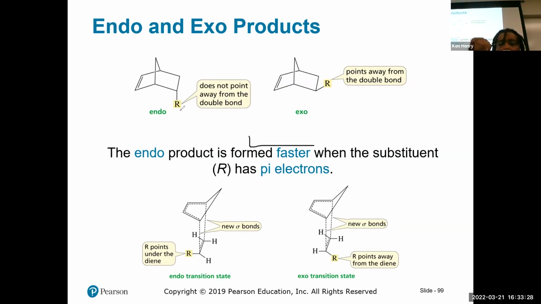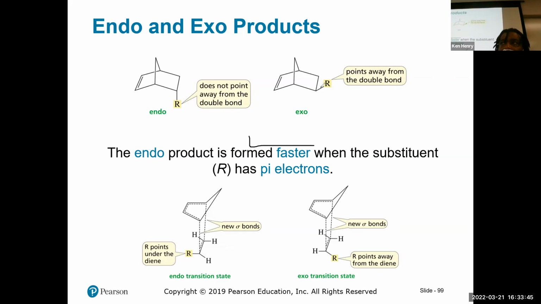If it's pointing towards the double bond or parallel to the double bond, then it's endo. So in this case, the double bond is here, and this guy, the R group, is pointing away from the double bond.